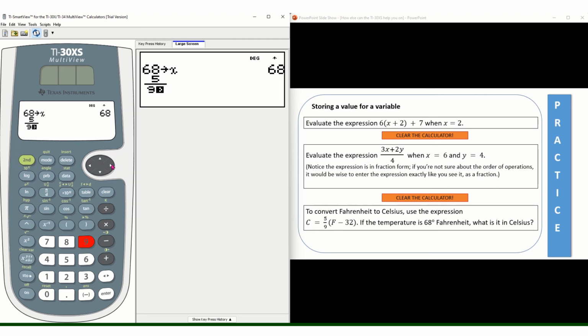So I'm going to press the right arrow key to get out of the fraction and continue on with the expression. So open parentheses, x minus 32, with x standing for F, close parentheses, enter, and the answer is 20. When the temperature is 68 degrees Fahrenheit, it is 20 degrees Celsius.